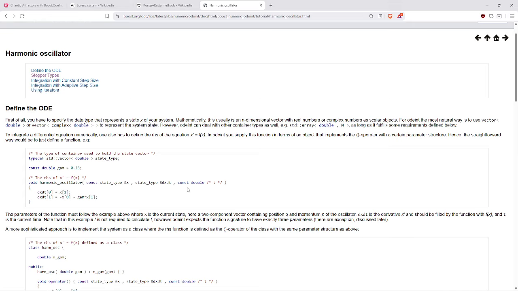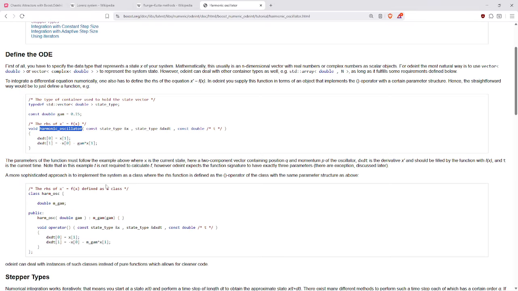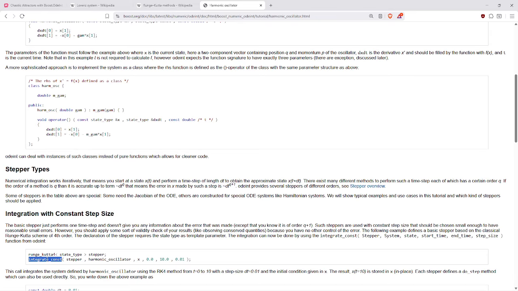As long as the types of the arguments passed to the integrate functions are consistent with the semantics and expressions used inside those integrate functions, then you can use any type that's compatible with that.